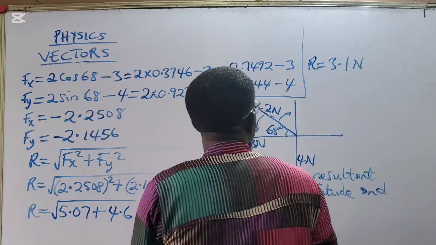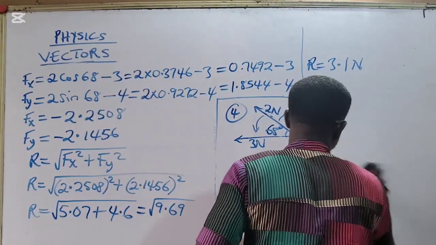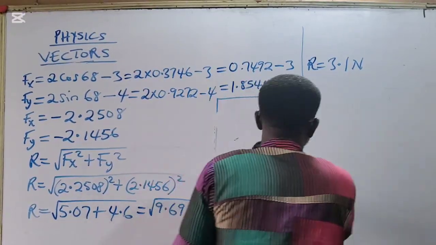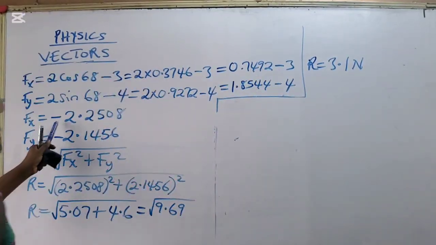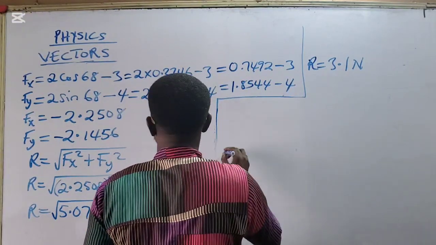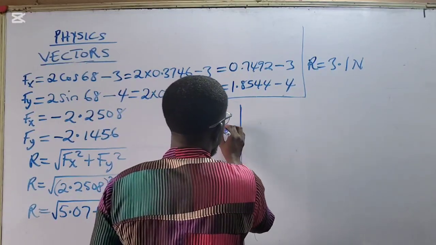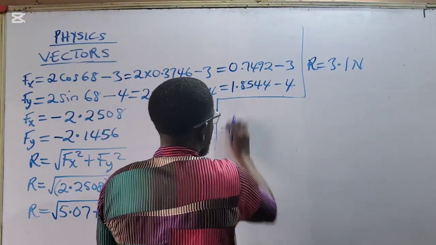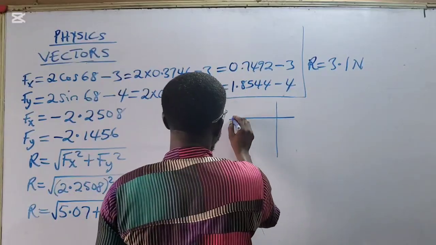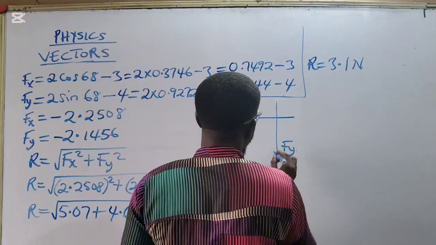So the next thing is for us to get the direction. You see the value of Fx is negative, and Fy is also negative. So I'll get something like this now, both of them negative. So this is negative Fx, and this one is negative Fy.